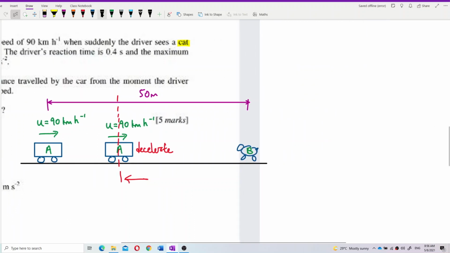Remember the rule, we always use the same rule: going to the right positive, going to the left negative, going up positive, going down negative. For displacement, velocity, acceleration, the positive or negative sign shows the direction.